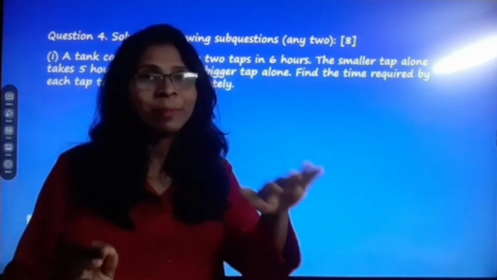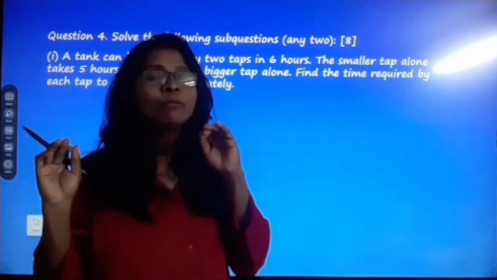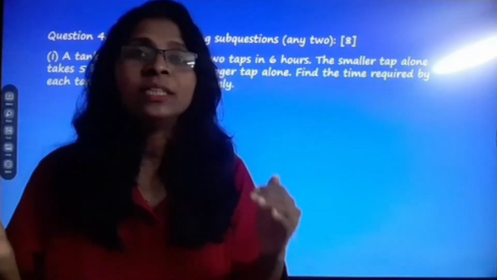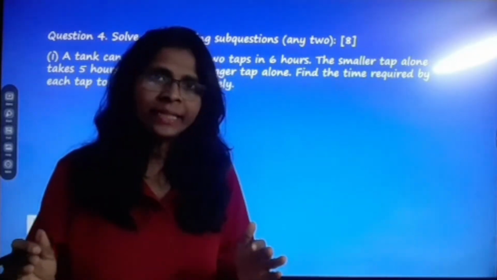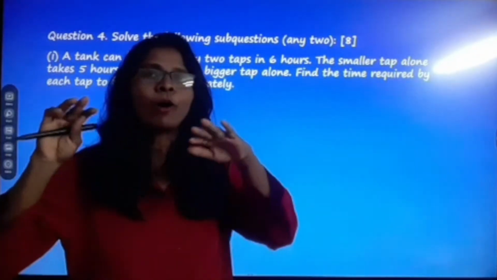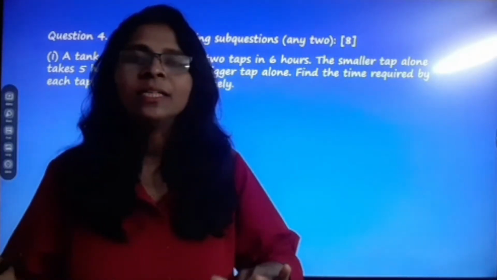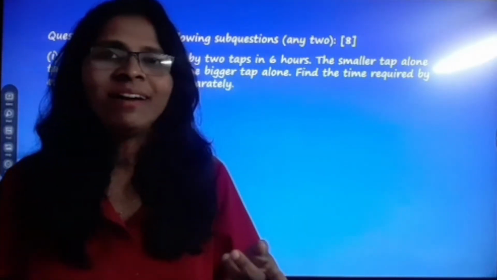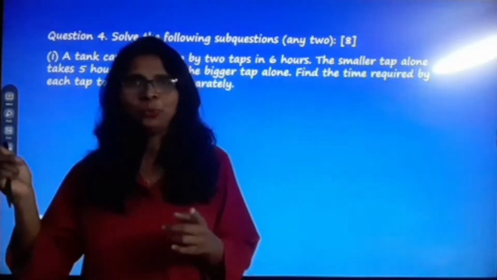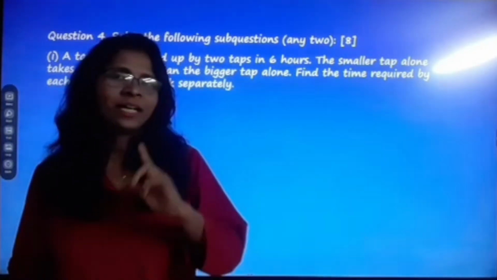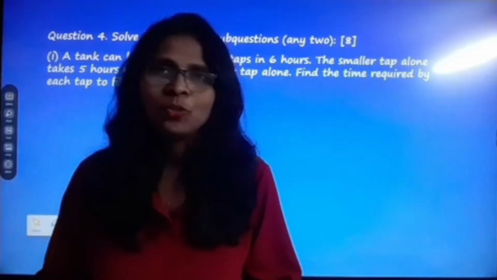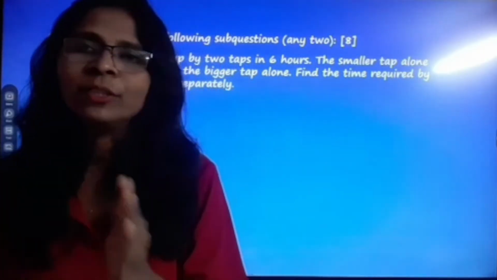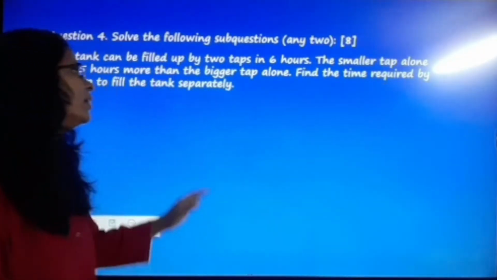Separately we write down the time period for filling up a tank by these taps: the first tap and the second tap. One by one we write down the condition.